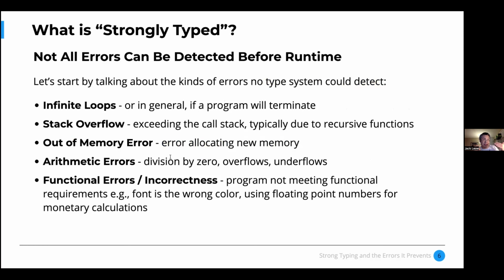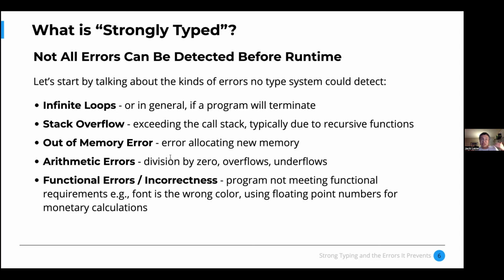Now you guys might be skeptical with that explanation, right? Like how can a compiler catch errors? And there are definitely classes of errors that no compiler will ever catch, or at least with current technology. Like infinite loops: in general, whether a program will terminate is the halting problem, so that's a known thing that cannot be determined at compile time.